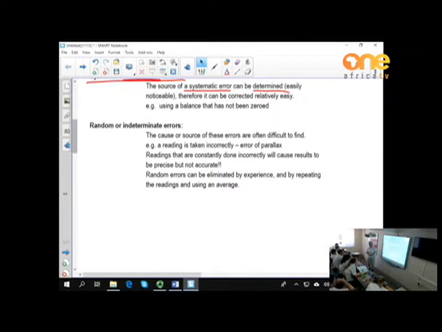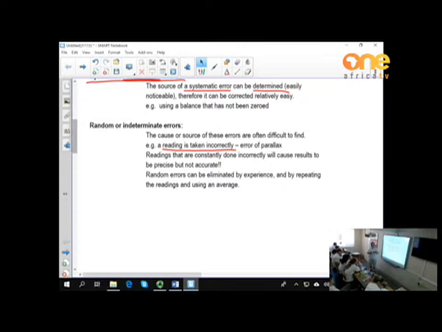Random or indeterminate errors are slightly more difficult to find, because we don't know what we did wrong. It can be, for example, a reading that is taken incorrectly. But if you take the reading incorrectly consistently throughout your practical, you should still be able to get a result from it.